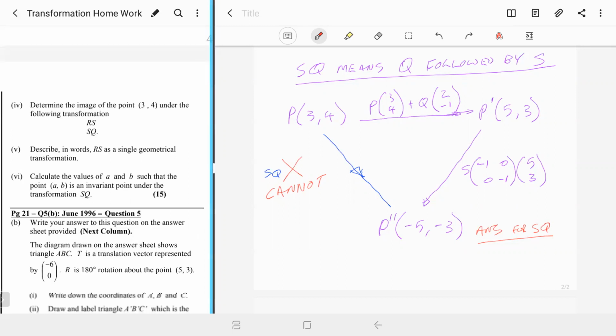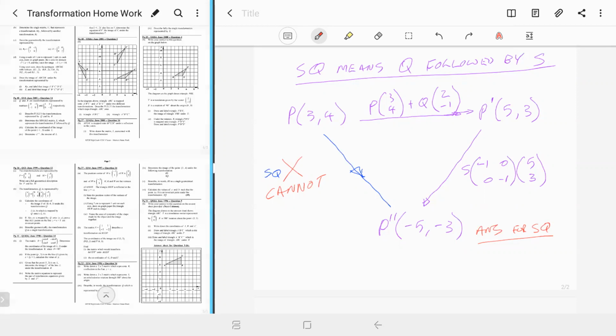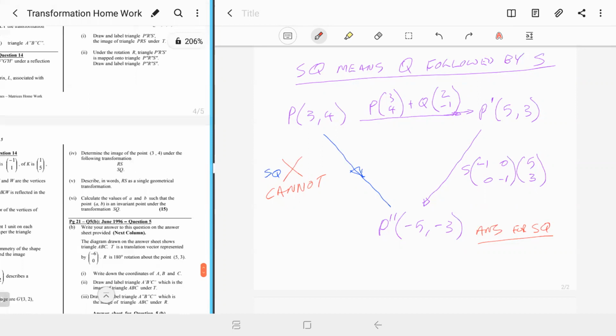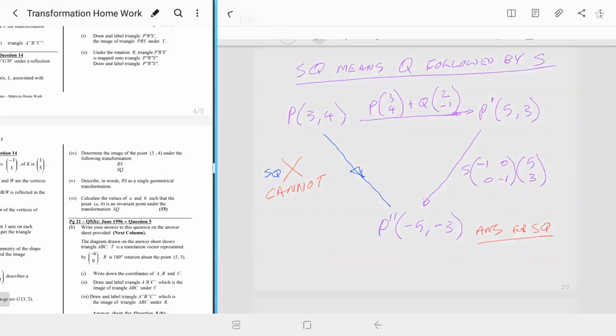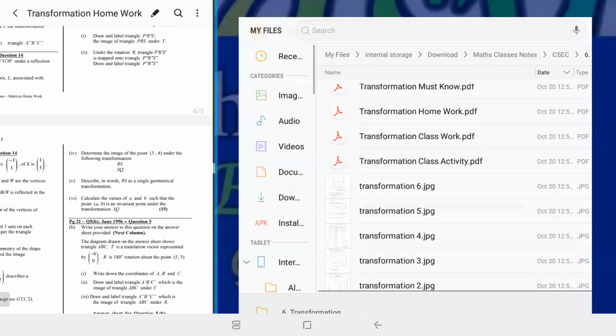Let me see if we can find it here. So you must know.